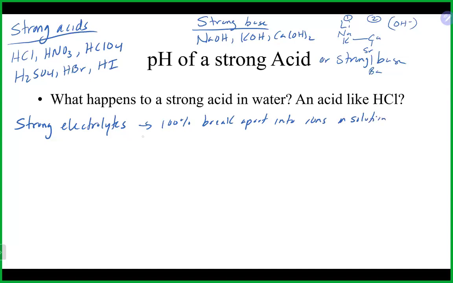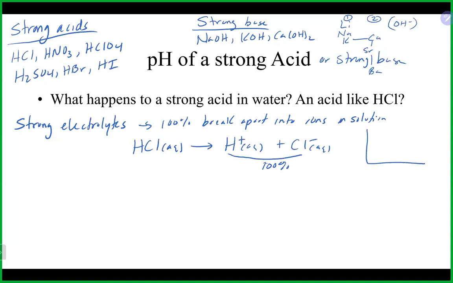For example, if we take something like our HCl here, in solution it is not going to stay together. It's going to completely break apart into an H plus ion and a chloride ion. And this is what you're going to have 100% in the solution. So if you had a beaker of hydrochloric acid, you have basically just these ions floating around.